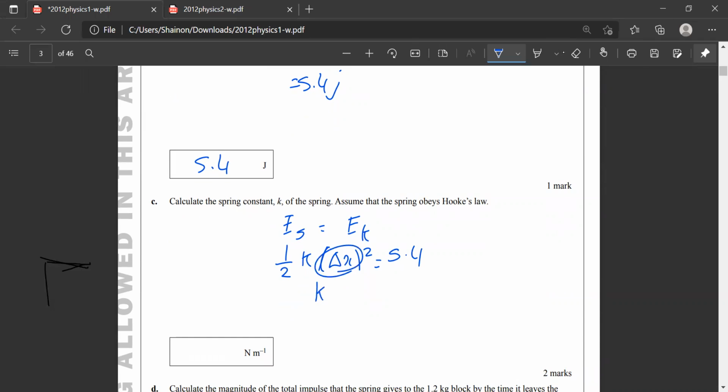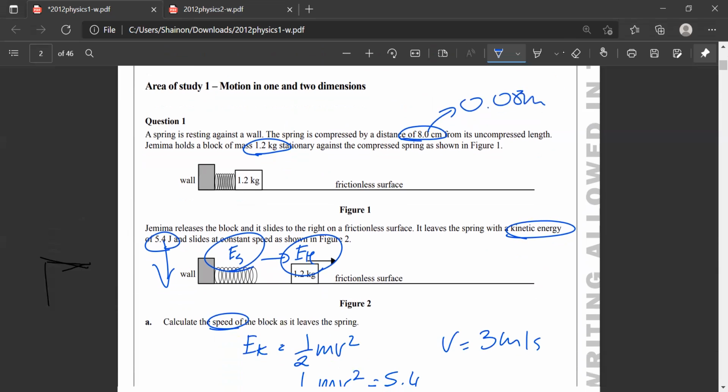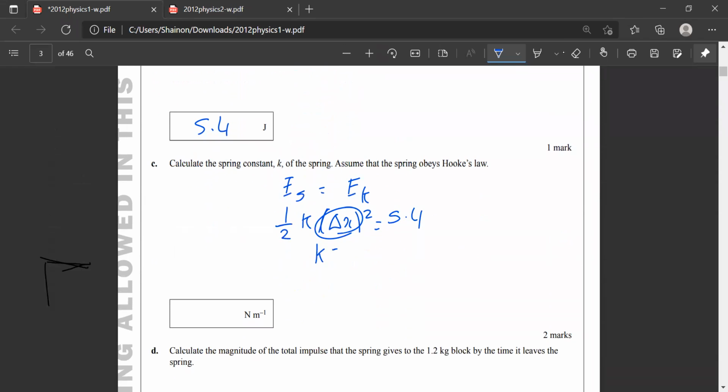The change in this is given here as 8 centimeters, but we need to convert that to meters because that's the standard units, 0.08. So then K equals 5.4 times 2 over 0.08 squared, which is equal to this many Newton meters.